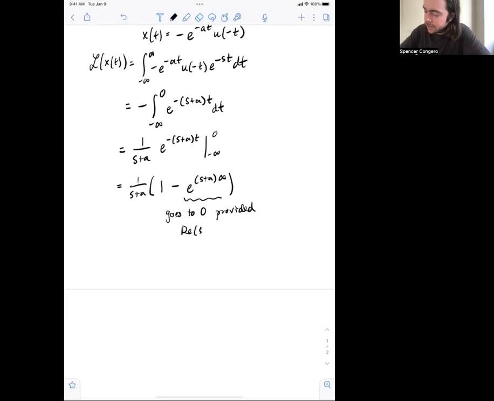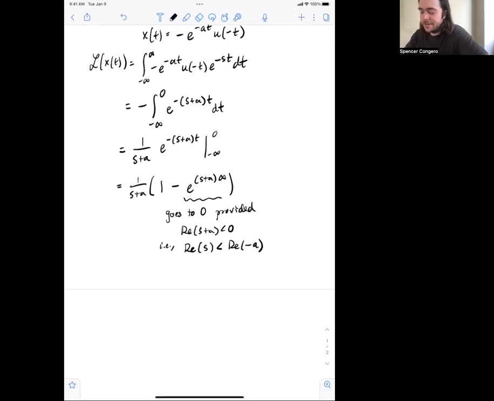We needed the real part of s plus a to be negative. Okay, i.e., what does that mean? In other words, the real part of s plus a, as we saw before, we can break this up into the real part of s plus the real part of a, and then just bring the real part of a to the other side. So we get that the real part of s has to be less than the real part of negative a.